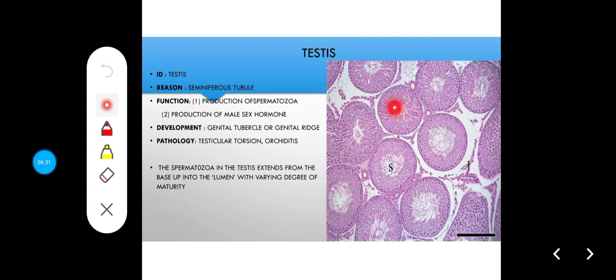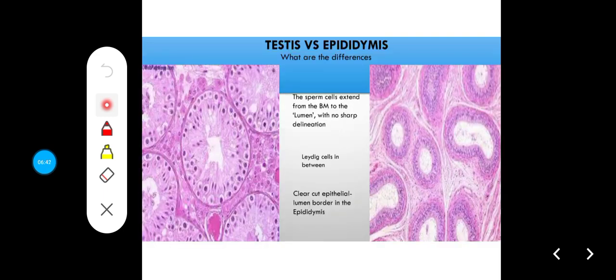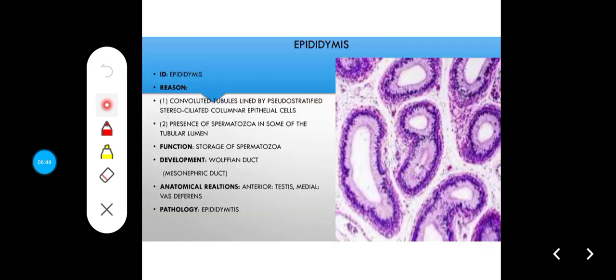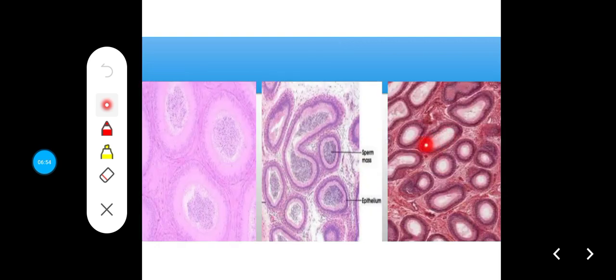Look at this here. The lumen is not really clear, unlike the one you see in the epididymis. Look at how clean the lumen of the epididymis looks. See that?